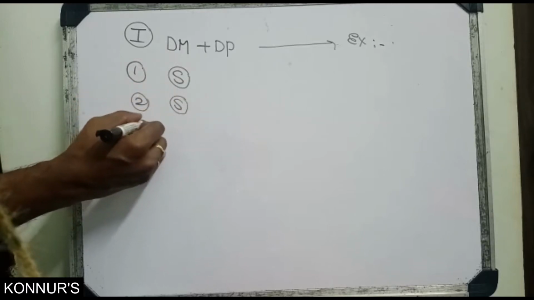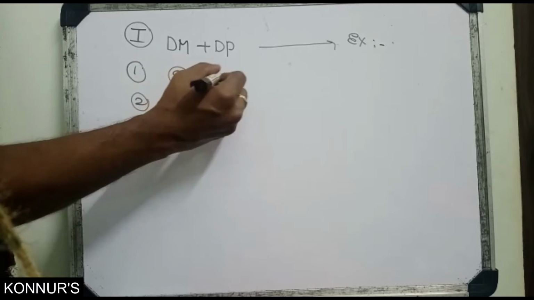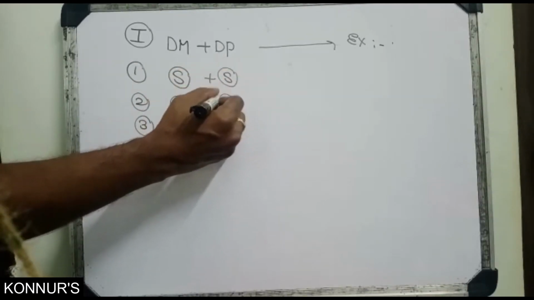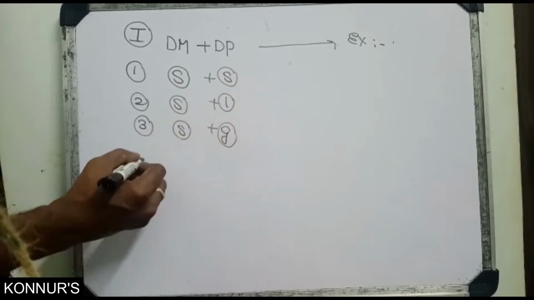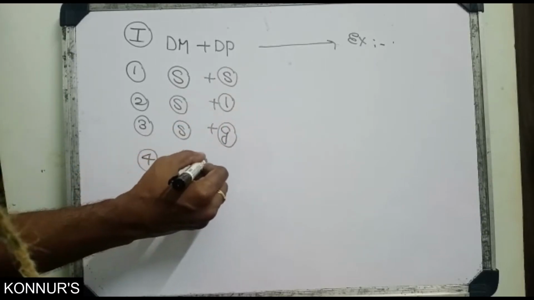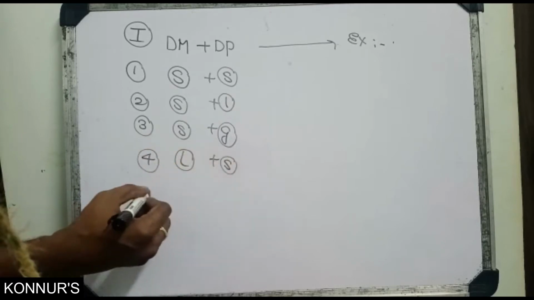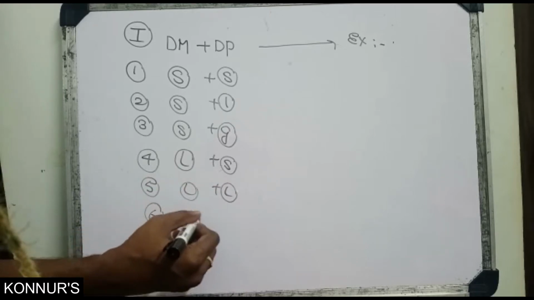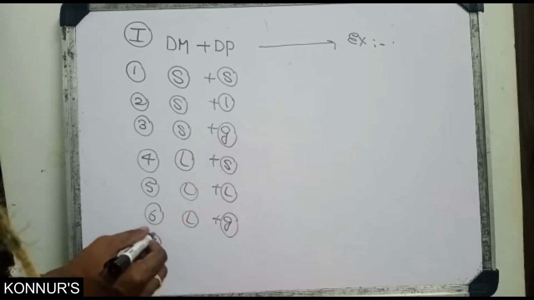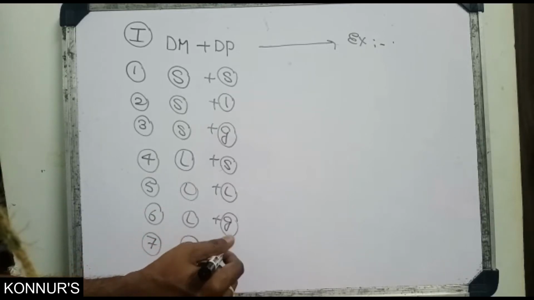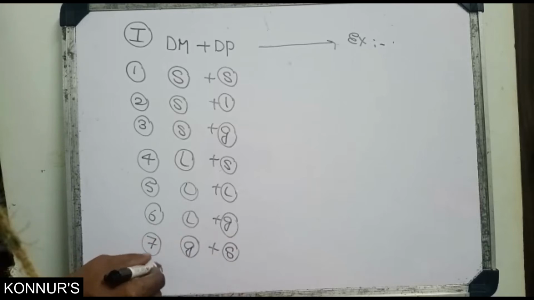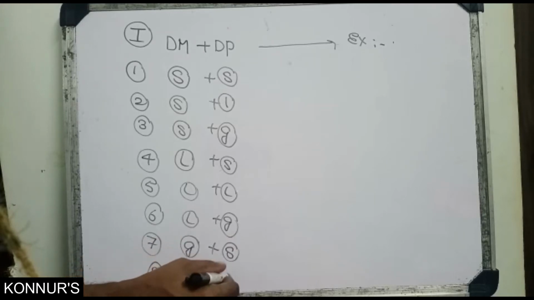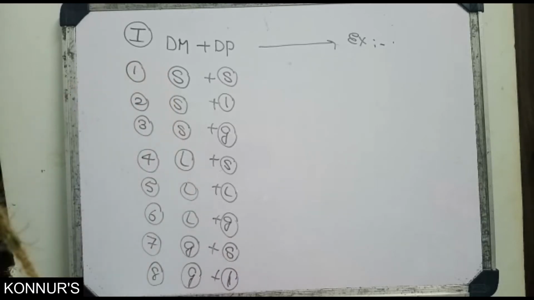Next, the dispersion phase: solid, liquid, gas. Next, fourth, liquid plus solid. Fifth, liquid. Sixth, liquid gas. Seventh, gas solid. Eighth, gas liquid. So a total of 8 types we can classify based on the physical states. The examples are important.